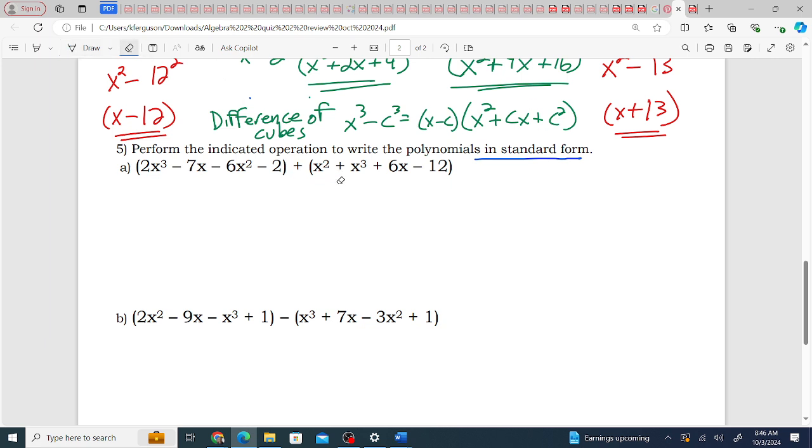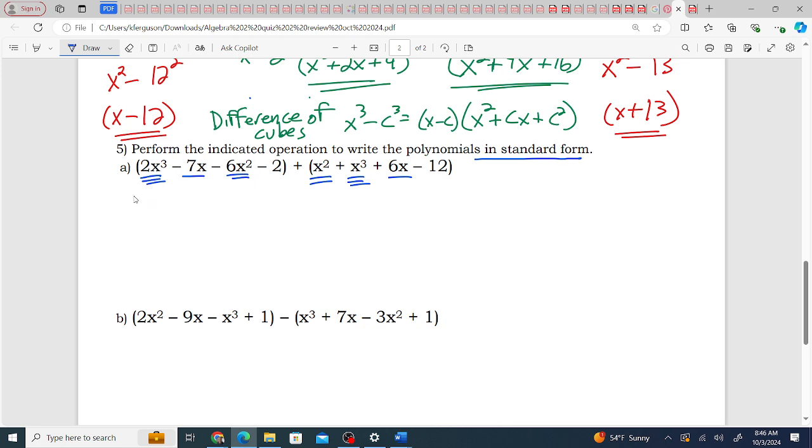So we're adding. When you add, you don't have to distribute. This plus sign doesn't change any signs. So adding doesn't change anything. So the next step I'm going to do is I guess I could underline what's alike, and then I'm going to write the terms that are alike next to each other.